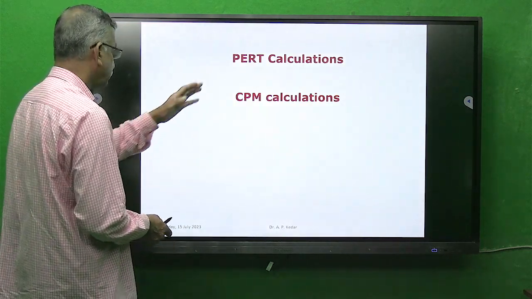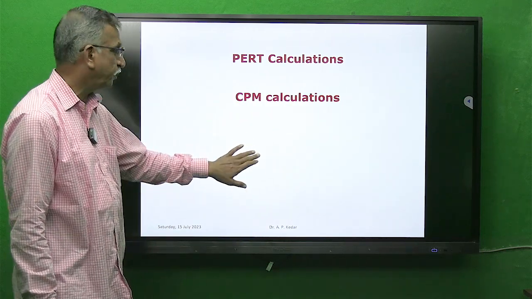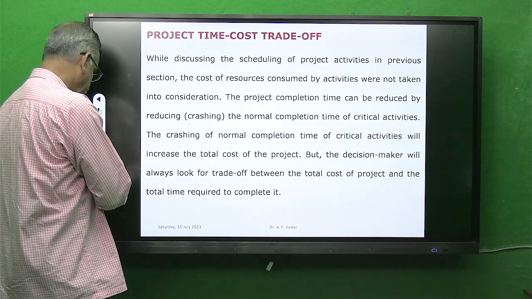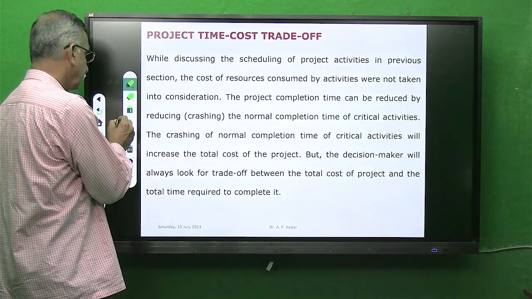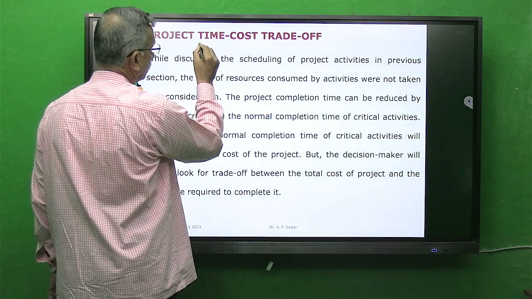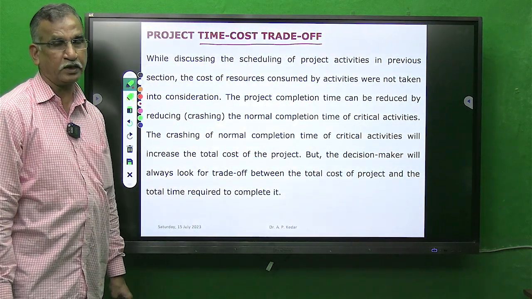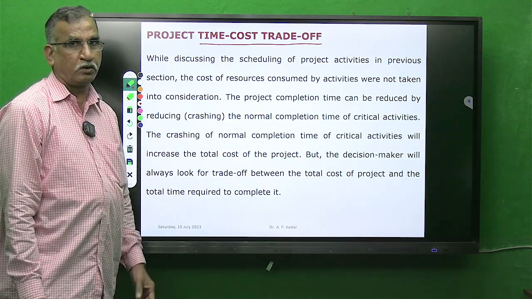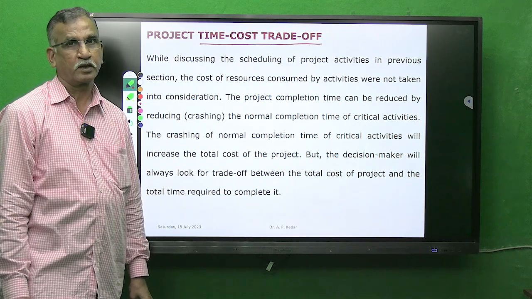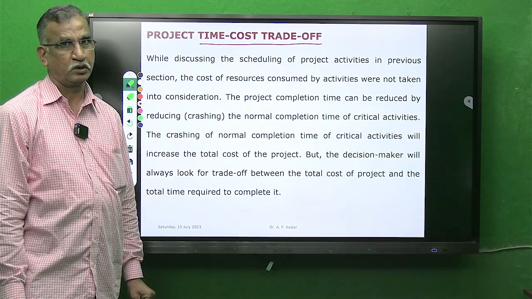Now, as discussed, we have covered the PERT part, we have also covered the CPM part, and today we are on the very important topic of project cost estimation, which is referred to in operations research language as time, cost and trade-off analysis. We know any project consists of activities, and activities consume time as well as resources.